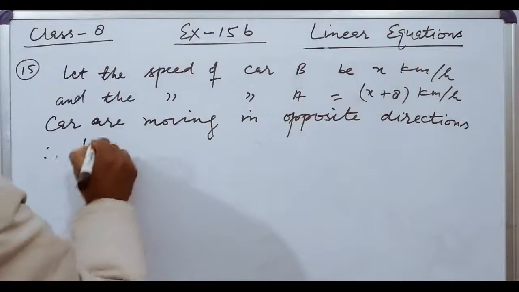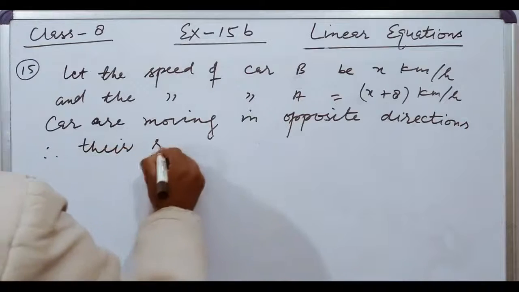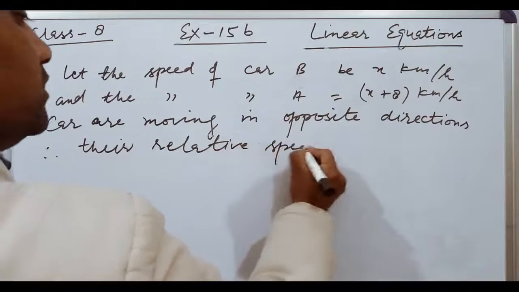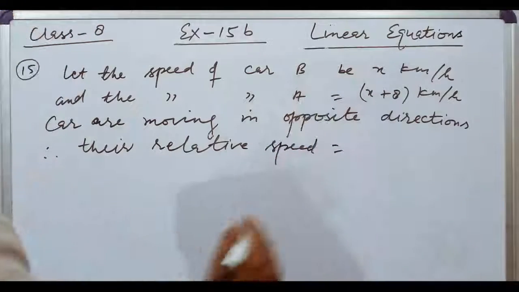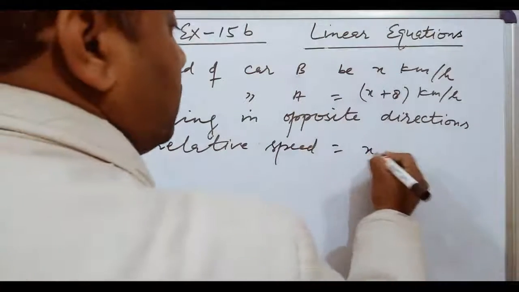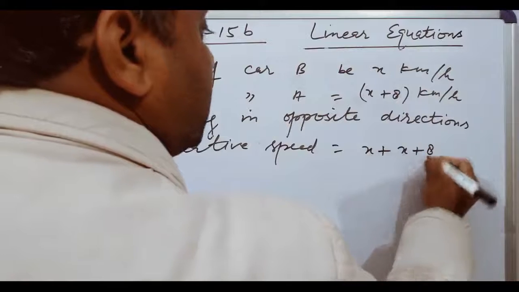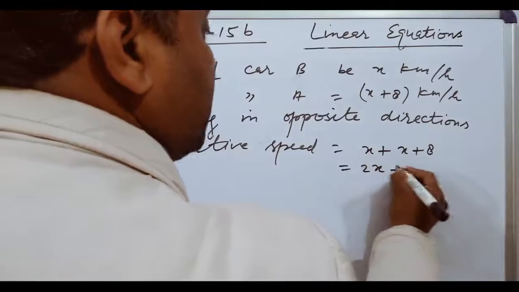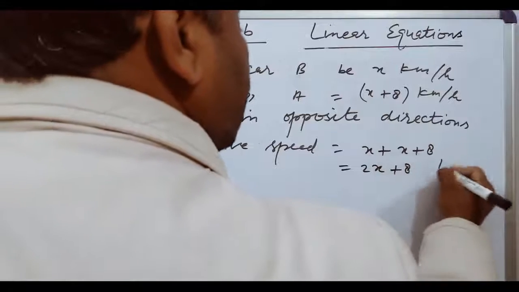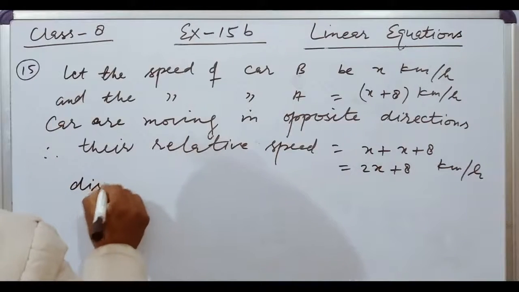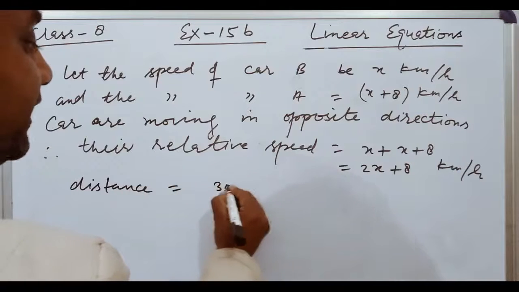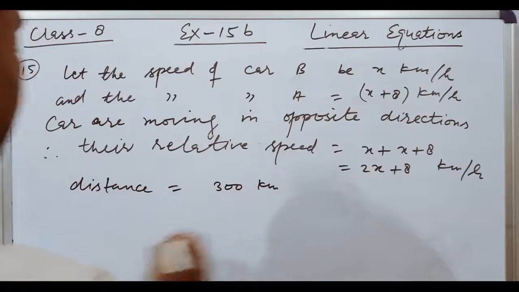So their relative speed will be added. Both speeds will be added when they are moving in opposite direction. X plus x plus 8 means 2x plus 8 kilometer per hour. Distance between them equal to 300 kilometer.